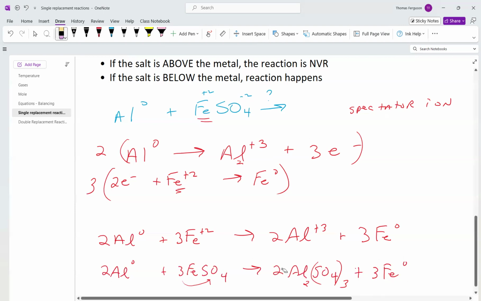So now it's going to be like that. So the spectator ion, in this case, is sulfate, which is a -2.